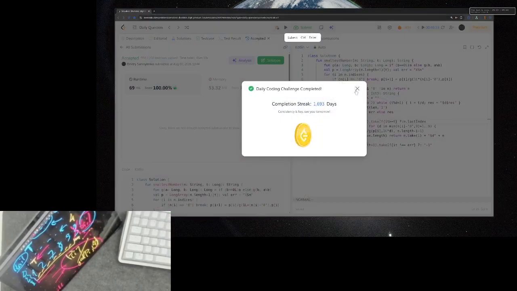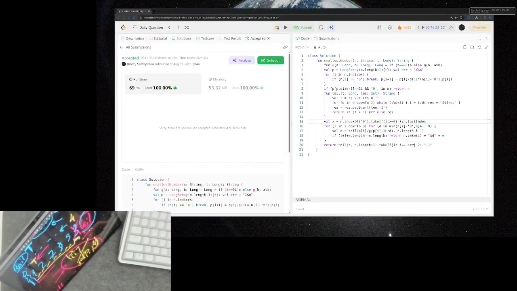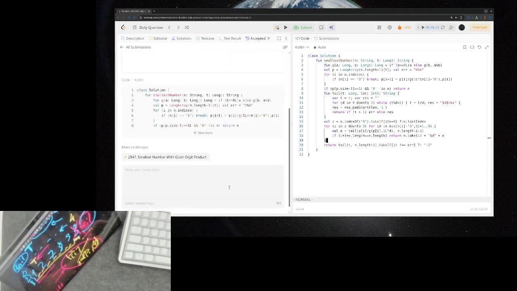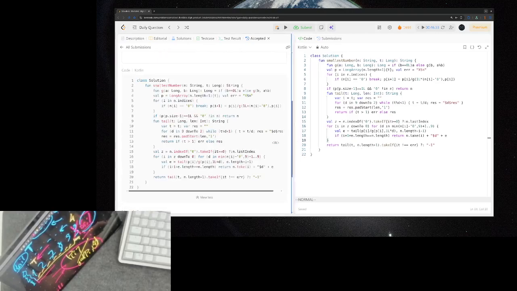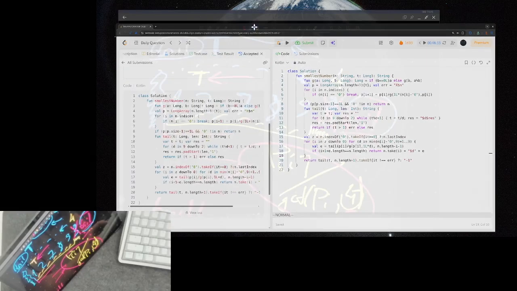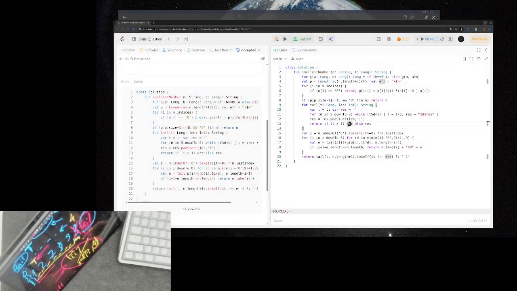So this is my code. Okay, I made several attempts to write it on my own, but I failed and asked the AI. Sorry.